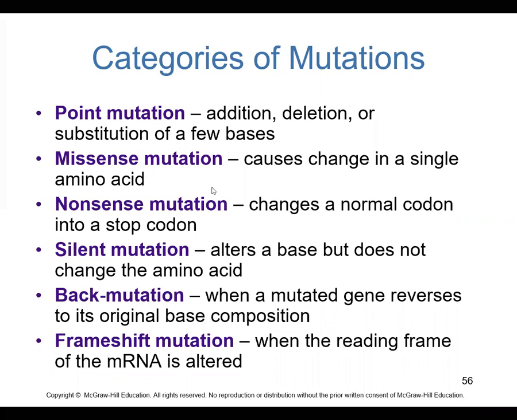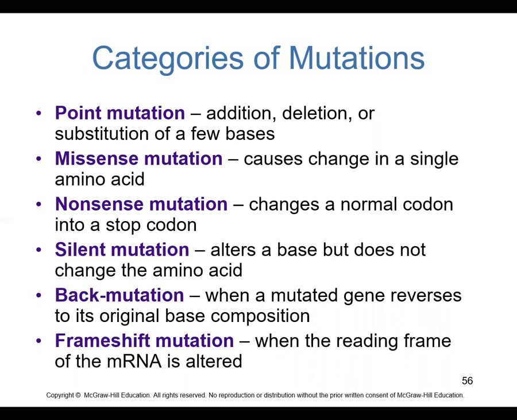All right, so missense mutations are changing a base, which is going to cause an amino acid to change. But we're just talking about one, so that's a missense. Your nonsense causes a normal codon that's coding for an amino acid to turn into a stop codon, so there is no amino acid for it.